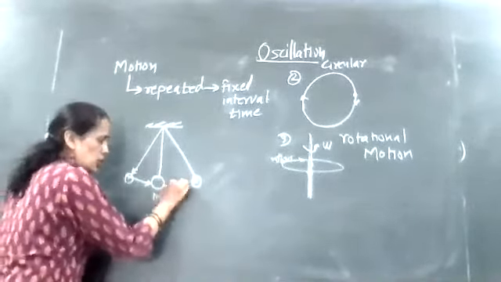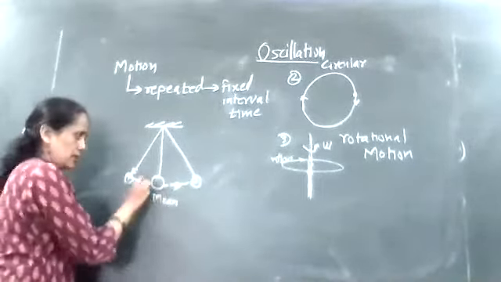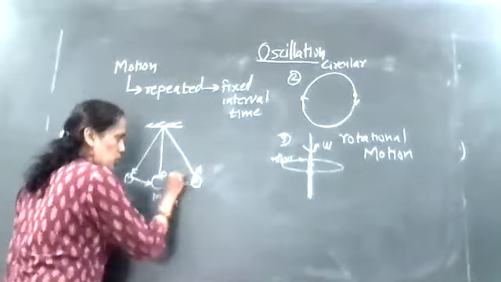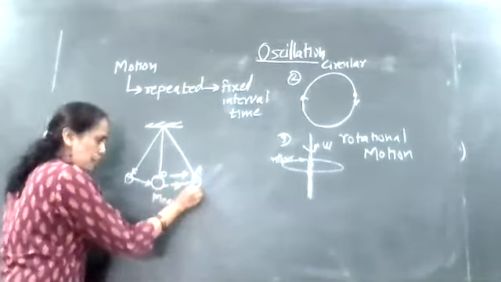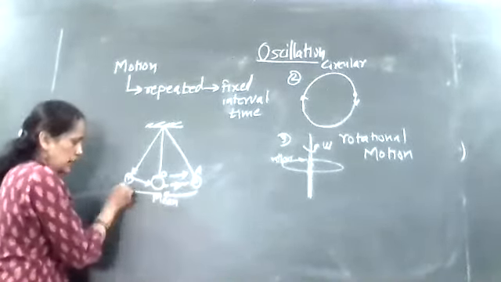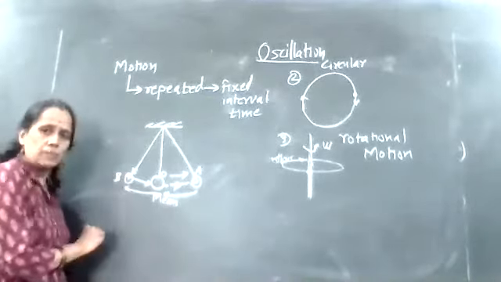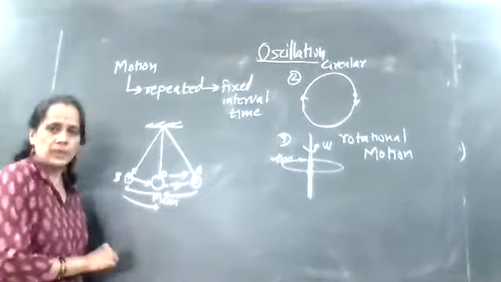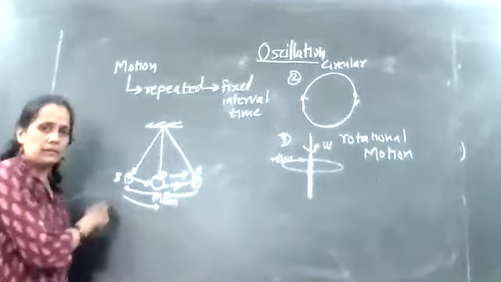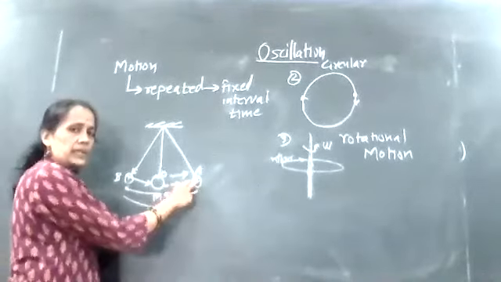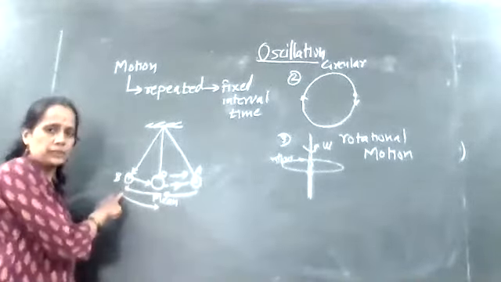The pendulum starts its motion from point O. It goes to A. From A again it comes to O. From O it goes to another position B, and from B again it comes to O. In this manner, the pendulum continuously oscillates between point A and point B.